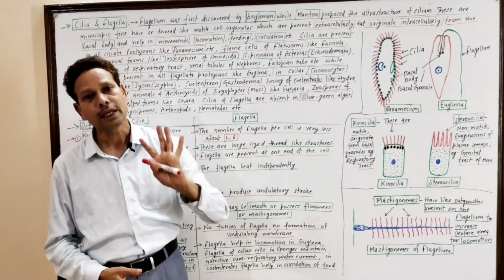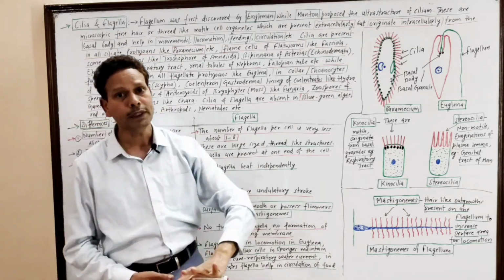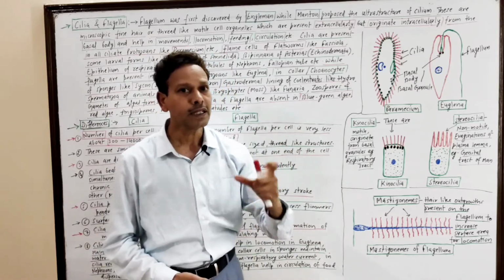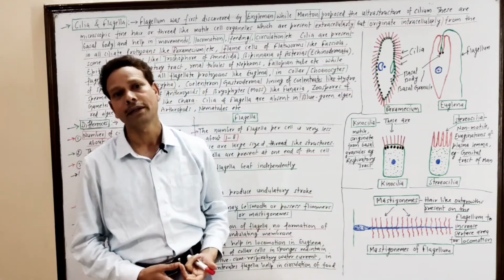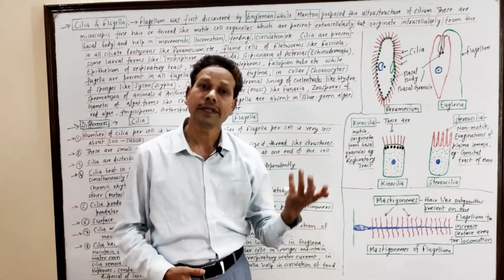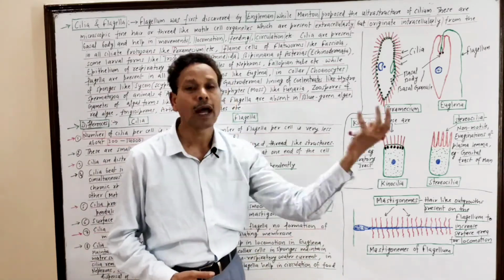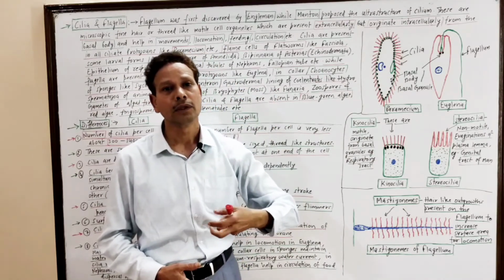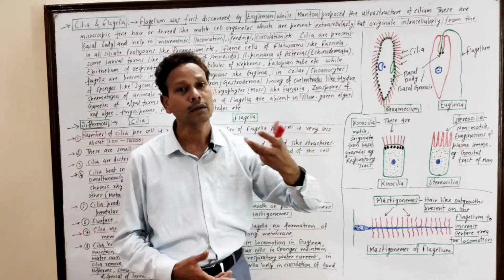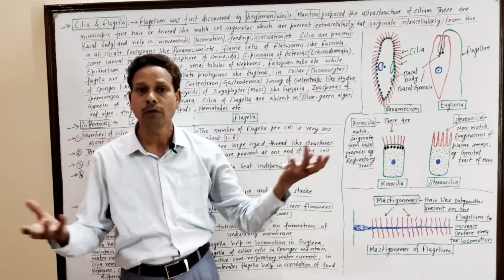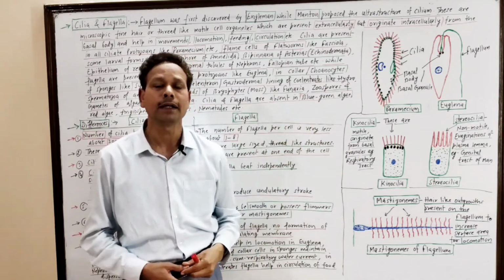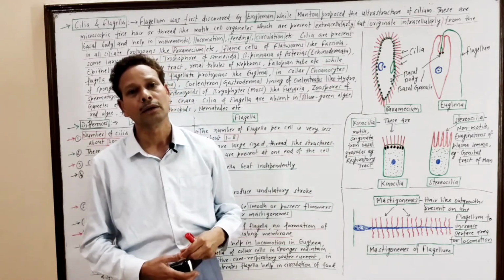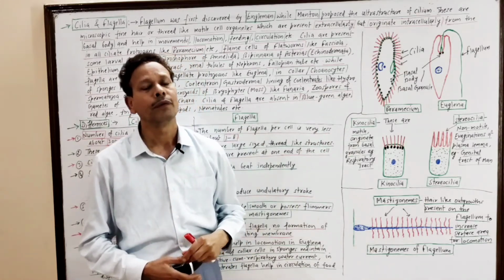Note down, these cell organelles are involved in movements and locomotion, as well as in conduction of gametes and dispersal of larvae. In our respiratory tract, the beating of cilia is involved in the removal of foreign bodies, dust particles. In our excretory system, the beating of cilia removes waste products.